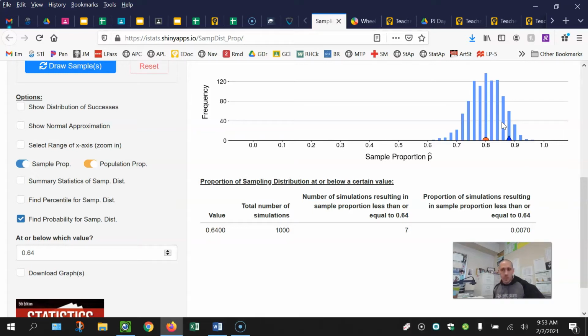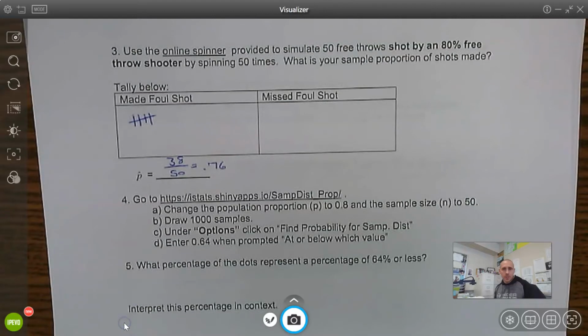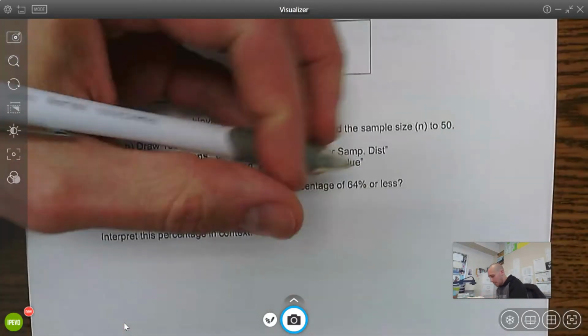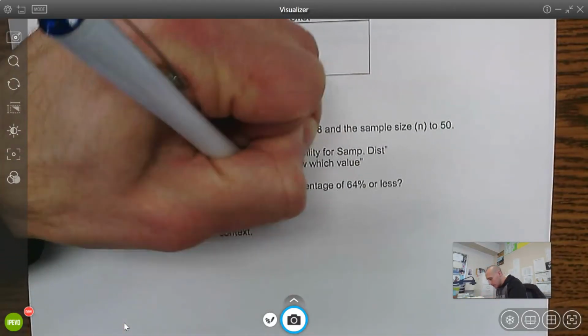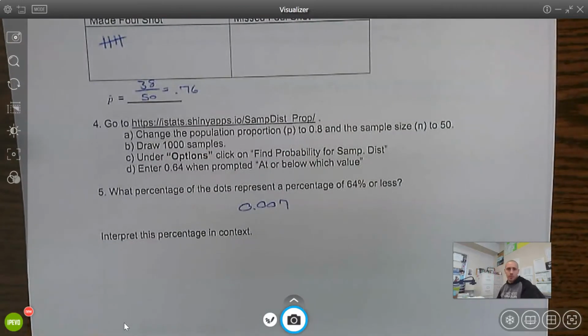Okay, so what percent of the dots are 64 or less? I don't care if it's written as a percentage or a decimal, 0.007 or 0.7%. So when I go to interpret this in context, remember, this isn't me shooting, this is an 80% free throw shooter shooting.